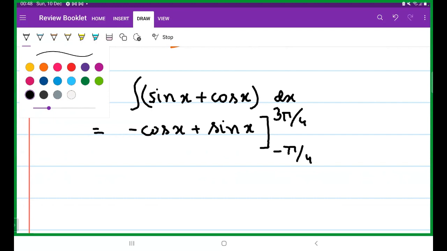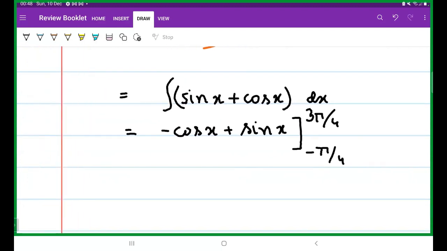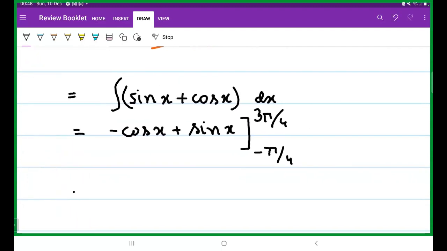Minus cos 3 pi by 4: cos 3 pi by 4 is minus 1 by root 2, so minus minus will become plus.